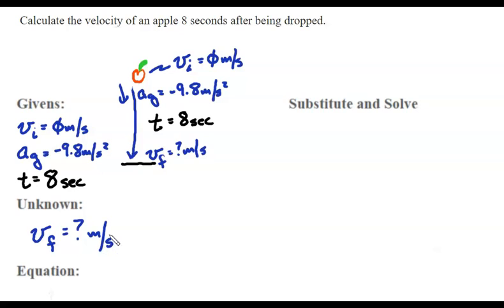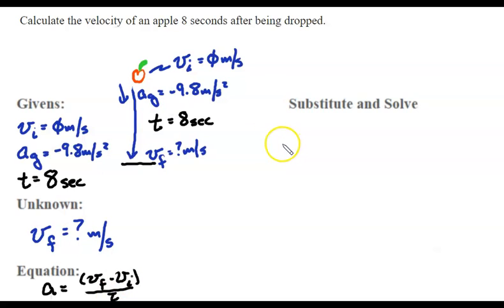So the equation that I'm going to use, I'm looking for something that deals with initial velocity, final velocity, acceleration, and time. And I believe that the acceleration formula, a equals final velocity minus initial velocity, quantity over time, fits the bill.